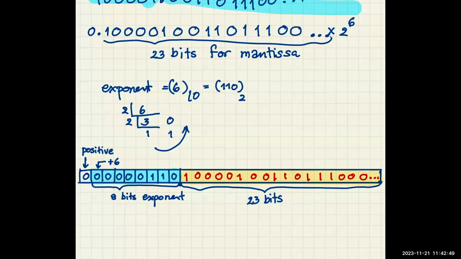So they said, okay, I use 24 bits for the mantissa. Some others use 23 bits, and some might use 22 bits for the mantissa, because they have different ways to design their computers.